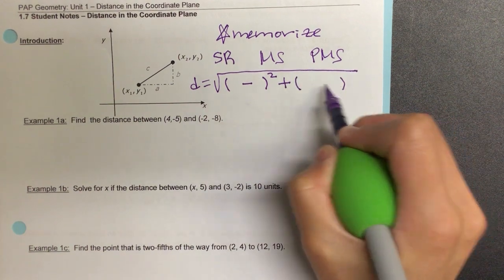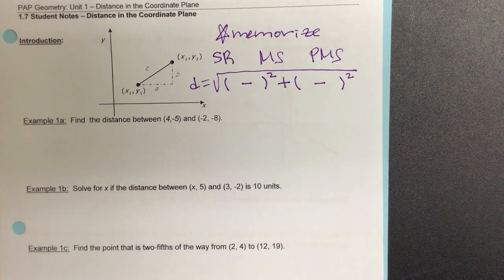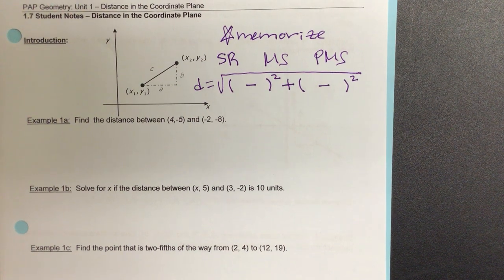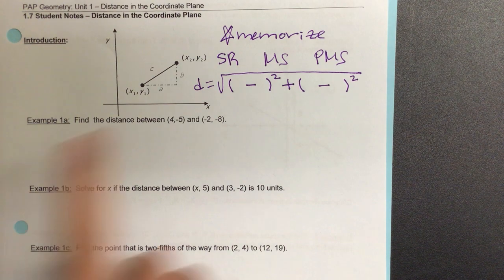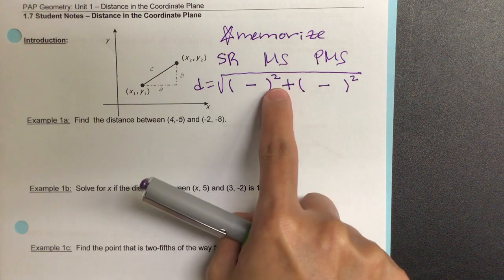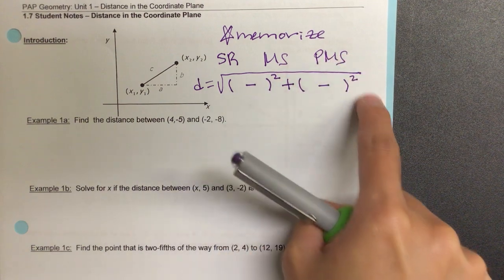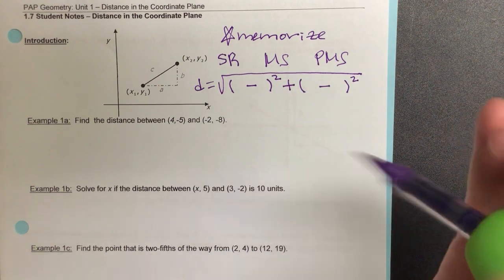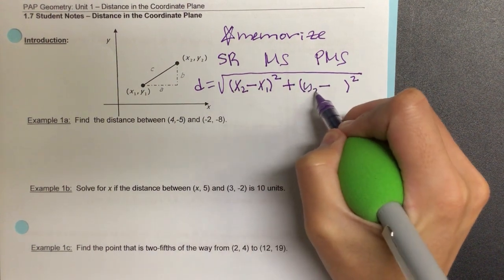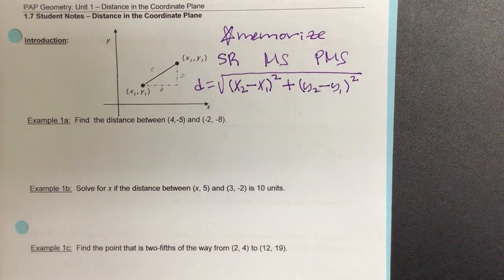Then I have minus squared. Parentheses kind of does make sense though, right? Because we're using it. So in case on your quiz or test you forget where the plus sign goes, where the minus sign goes, write out "senior, Miss, PMS": square root, minus sign, squared, plus, minus, squared. Yes? So within that will be x2 minus x1 and y2 minus y1.